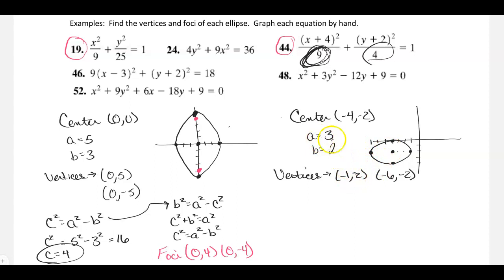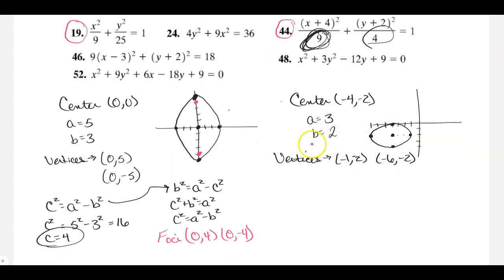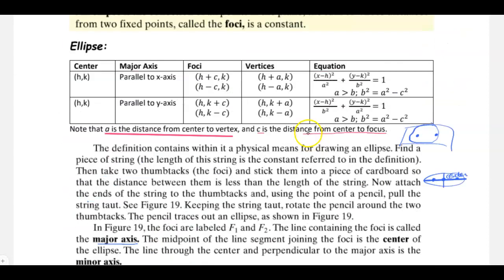And you can see all we did was move A units to the left and to the right. That's why your formula is what it is. Moving A units to the left and to the right here. Because this guy is going to open long, whereas this one's going to open tall.